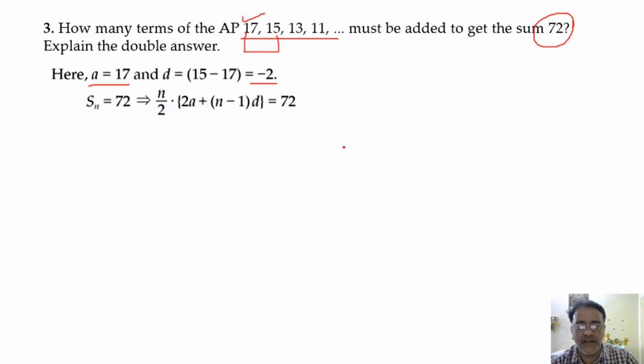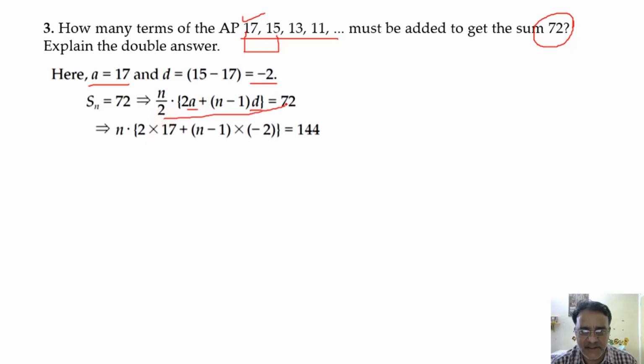Now we'll substitute the value of A and D here. So n by 2, and we shift 2 to this side, it becomes 144. So 2 into 17 minus 2n plus 2. If you simplify, you will get n into 36 minus 2n is equal to 144.